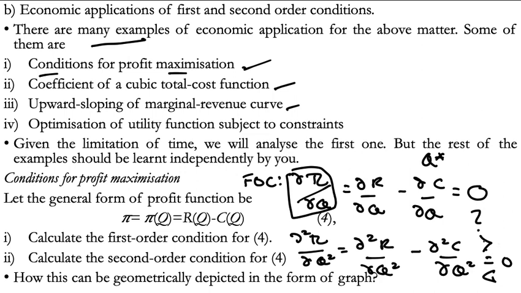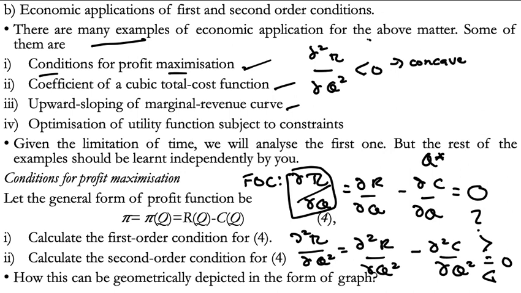In this case, if the second order condition here is less than 0, then it means the second derivative is negative, isn't it? That means the curve is concave.